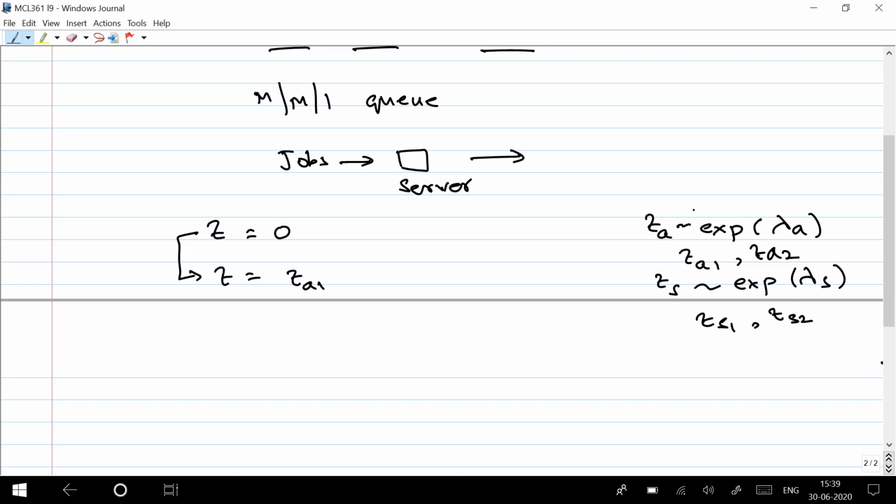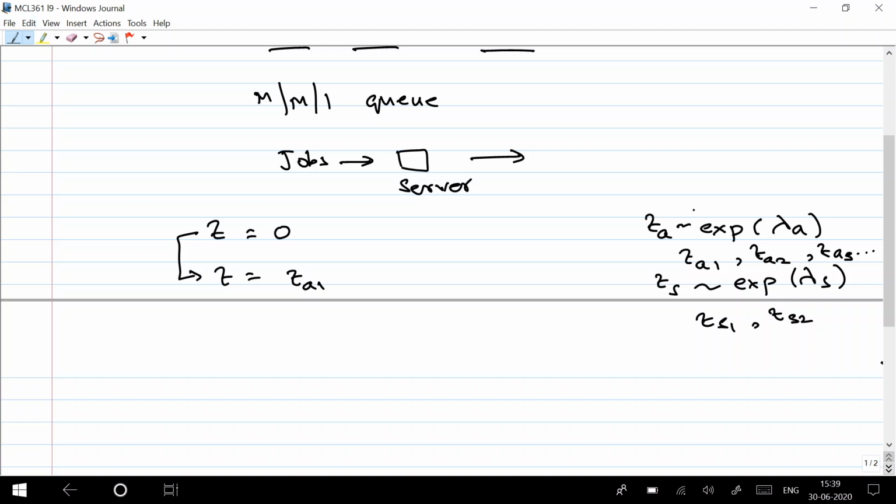So typically what is done is you schedule the arrival of a large number of customers, let's say 1,000 customers, so that you don't run out of customers. So you get ta3 and so on. Let me write these so the notation is clearer. This is ta2 and that's ta3 and so on.